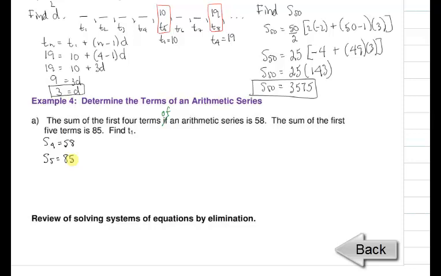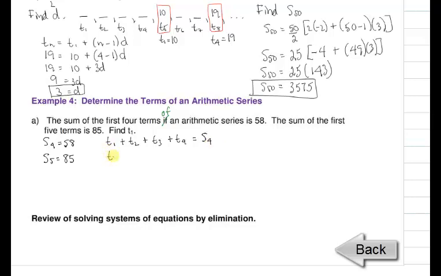So let's start by taking a look at what S4 means. S4 means that if you take the first 4 terms of your series and add them all up, you should get the sum of the first 4 terms.